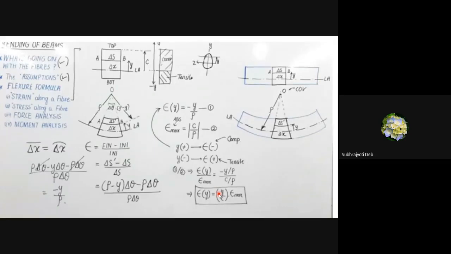What are the values above the x-axis and below? Above is positive and below is negative. Okay, that thing you understood. Now see, this is our line. So y negative. Y is what? Y is depth or distance.